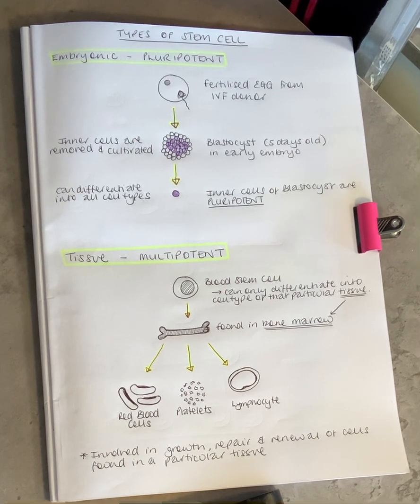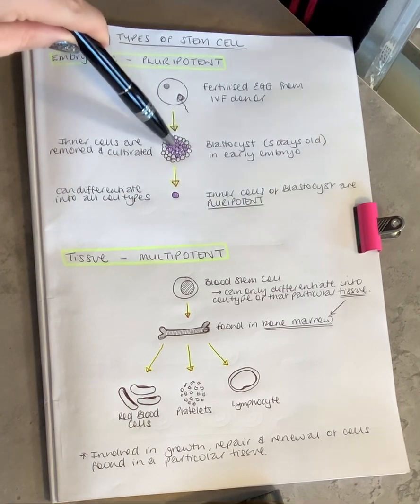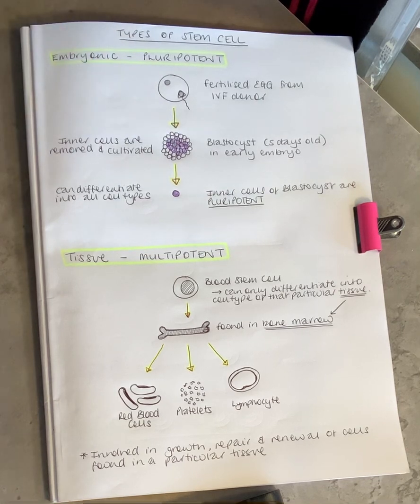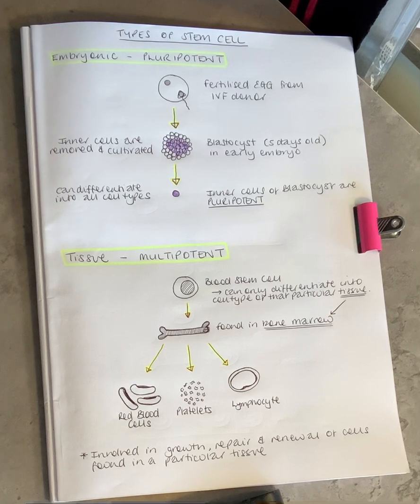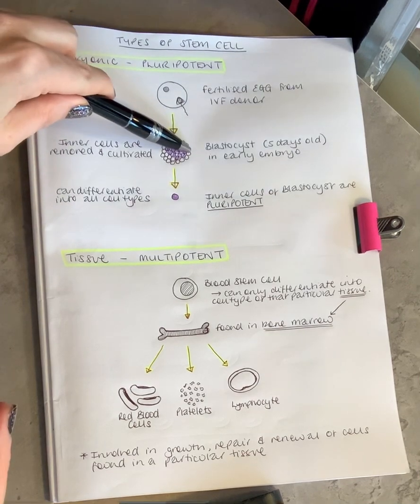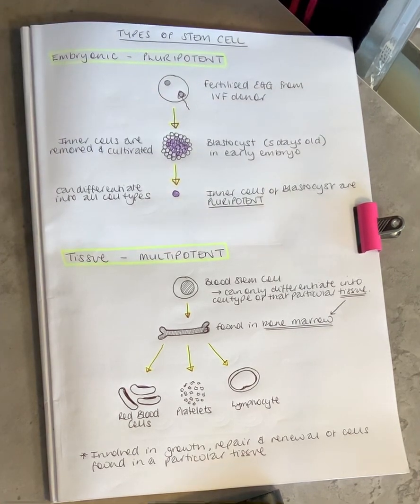From a scientific point of view, it comes down to the individual's belief in what these cells represent. Some people believe that as soon as the egg and the sperm cell fertilise, that's a human being, that's life. Whereas some people believe it's just a ball of cells that doesn't represent life yet.